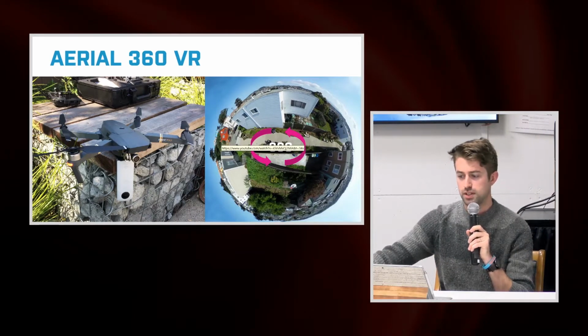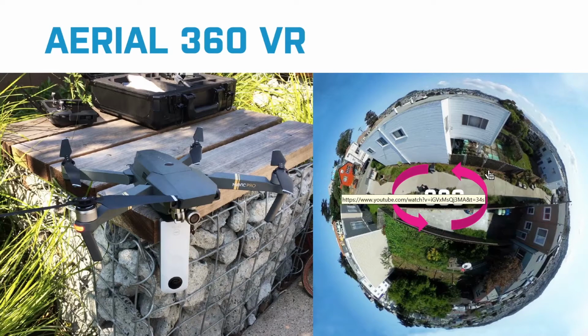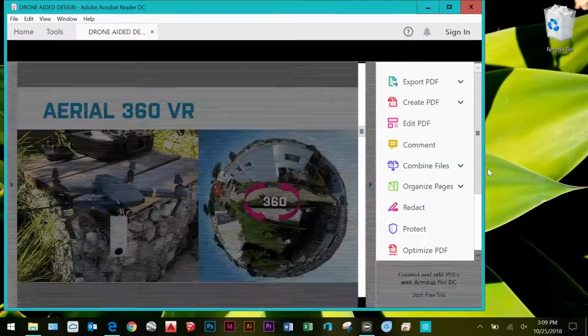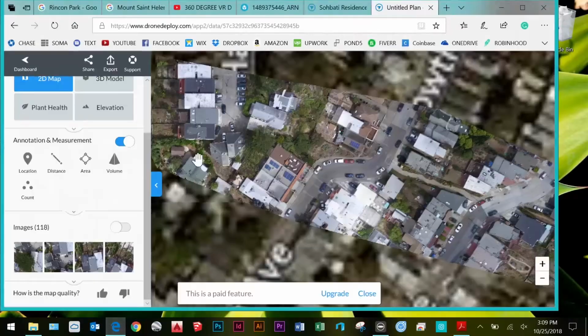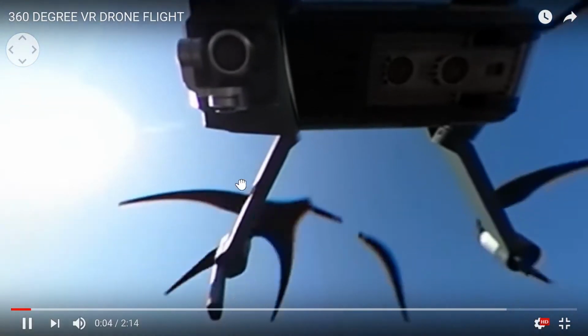To take that even further, I'm foreseeing that in the future all drones will be capable of taking 360-degree photos. This is essentially a camera that can photograph everything around it. I have an example of a video that I took here. This is a 360 camera strapped on the bottom of a drone. This is very primitive for now, but I imagine it being much more advanced in the future.